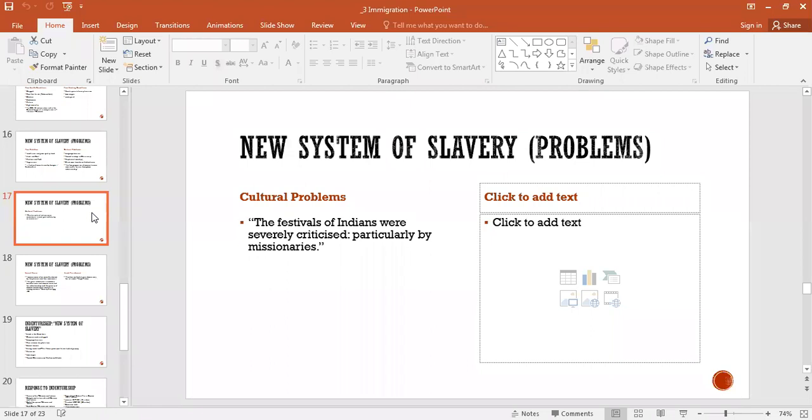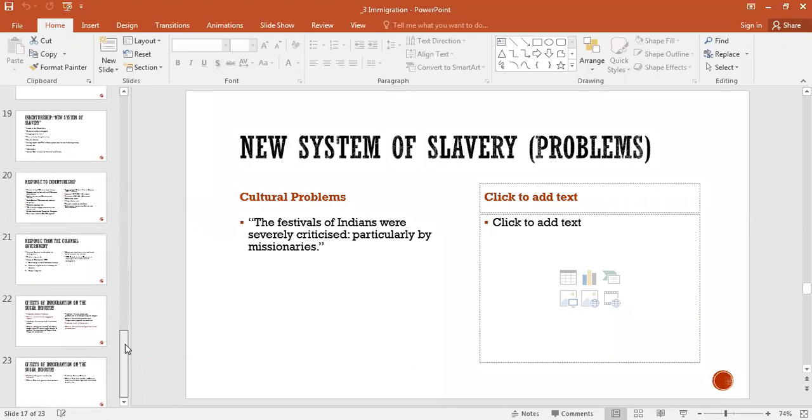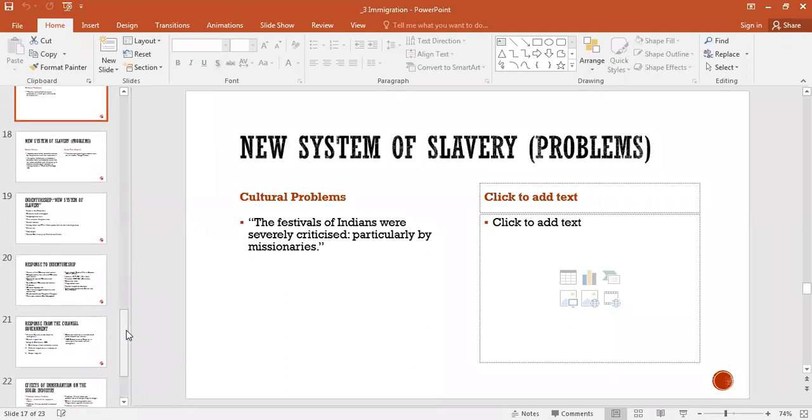And so the Christians, both African Christians and European Christians, are going to criticize them for celebrating their holidays. They're going to say that they are worshiping the devil, right? And so that was also a serious problem on the plantation and in the society overall.